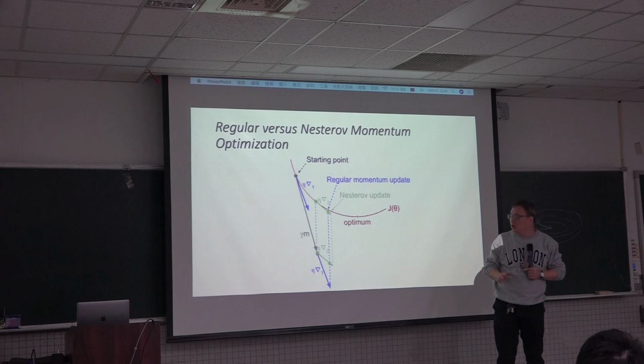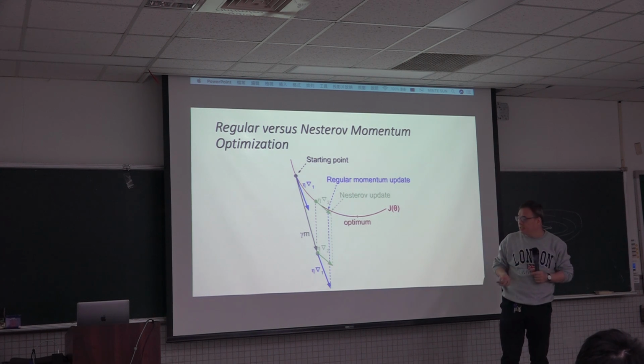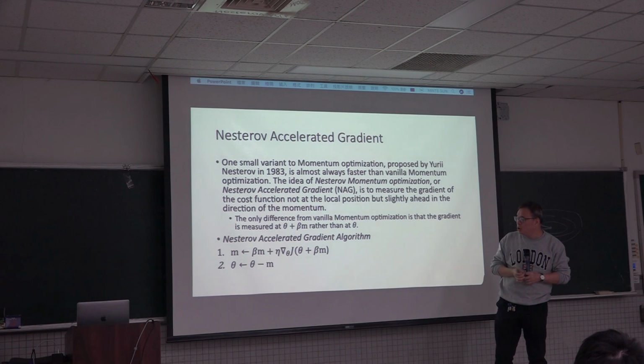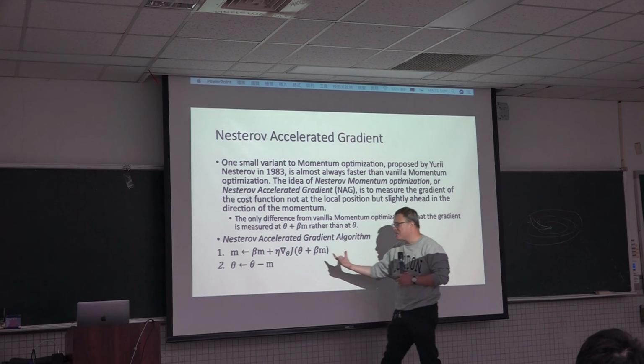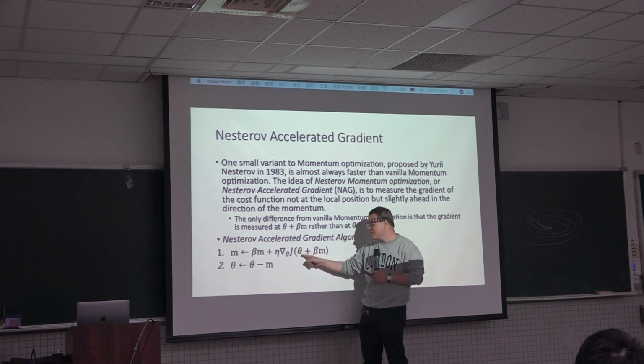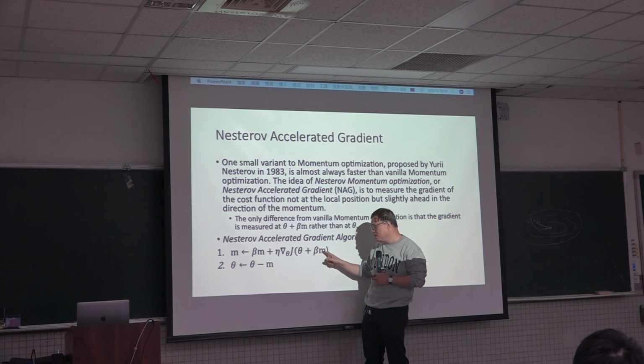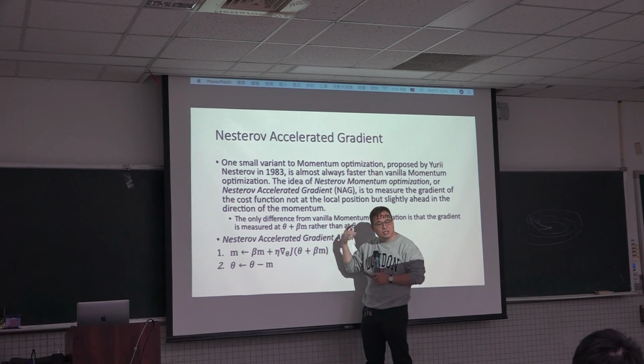So Nesterov observed this, and then he said we shouldn't just apply theta here. We apply theta plus beta m here, because plus beta m means we are getting closer to the optimum.